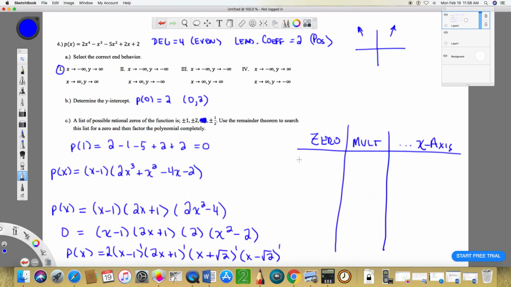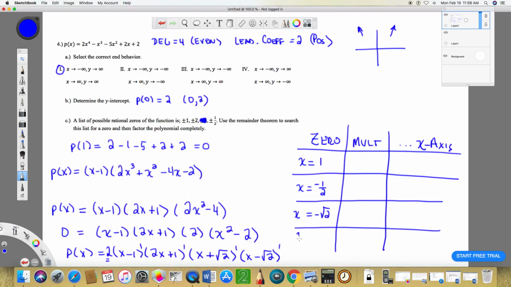None of them are going to be a touch. This 2 has nothing to do with making this product equal to 0. We mentioned that before, well, maybe in other problems. So 1 gives us a 0. -1/2 gives us a 0. Negative square root of 2 gives us a 0. And positive square root of 2 gives us a 0.